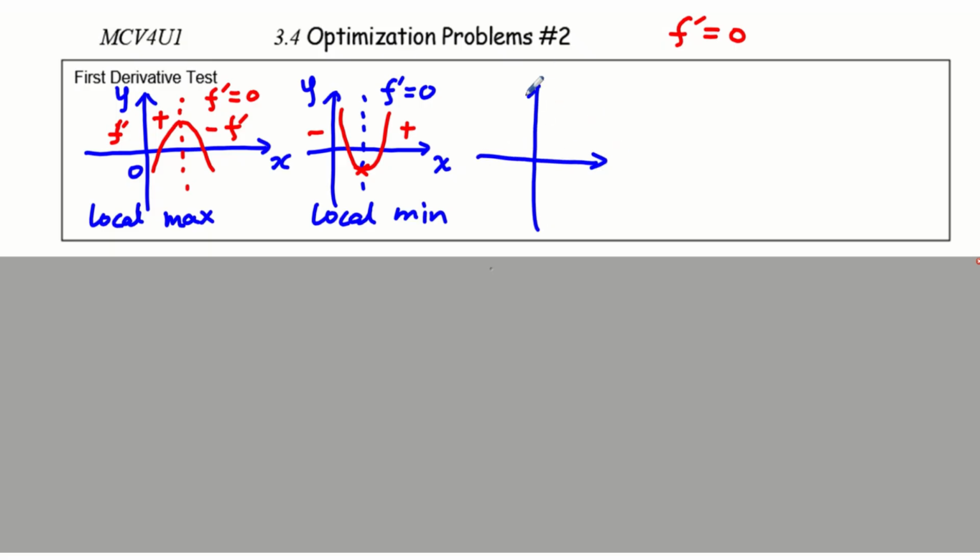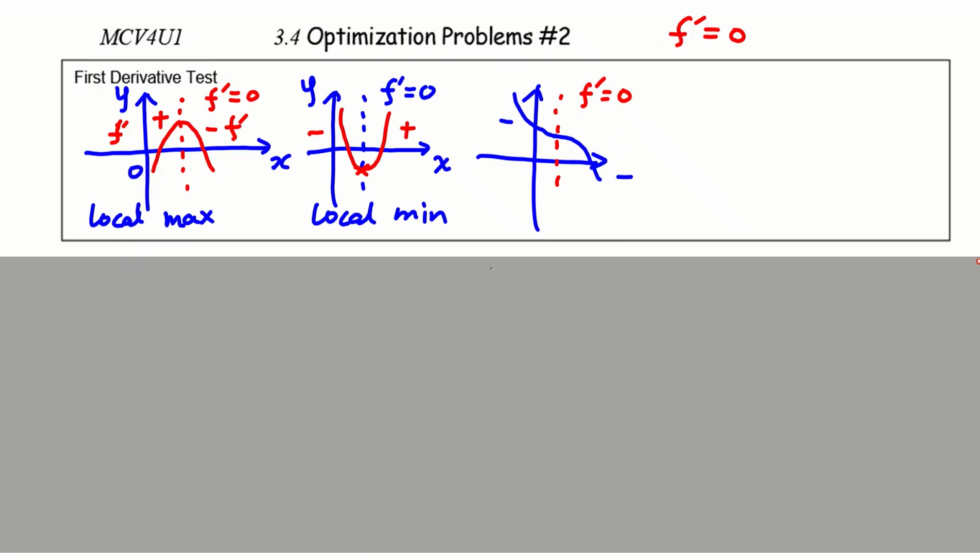Now we are going to see another example. At this point we have f prime equals 0, and on the left the graph is decreasing, so the slope f prime is negative, and on the right side it is decreasing again.